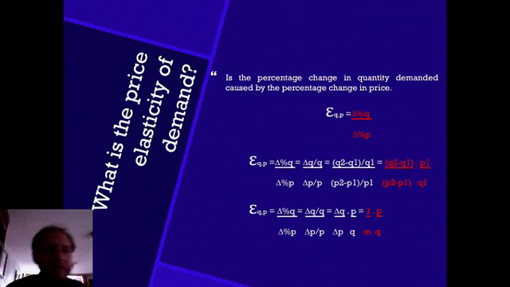So what is the price elasticity of demand? Well, the definition is a percentage change in the quantity due to a percentage change in the price. We can compute that because the formula to calculate the percentage change of Q is the change in Q over the value of Q. Could be considered as final value of Q minus initial value divided by initial value. And we can do the same for P, for the price.